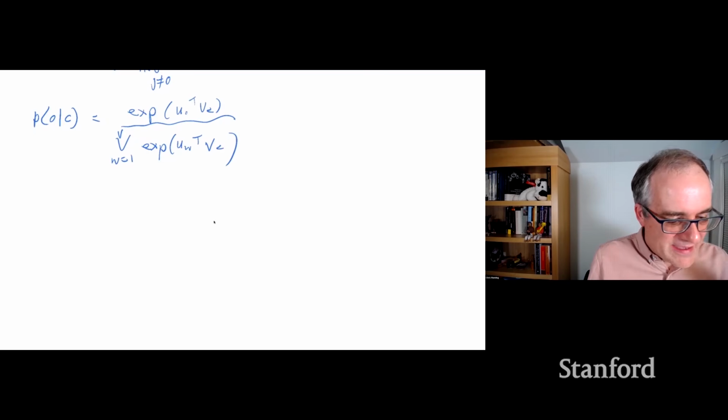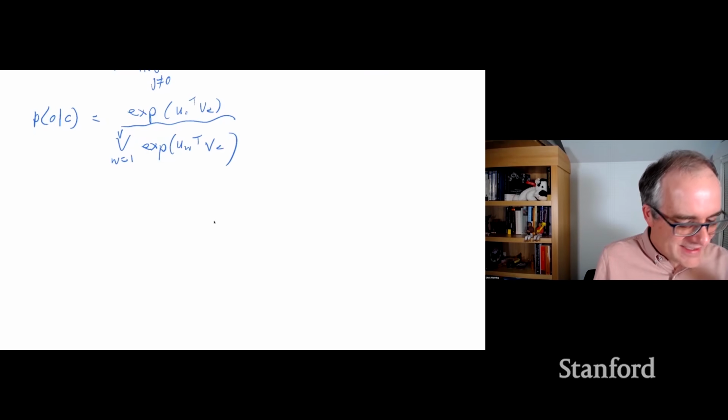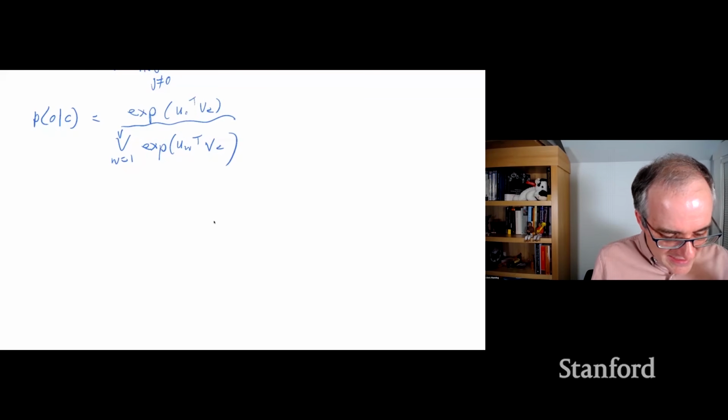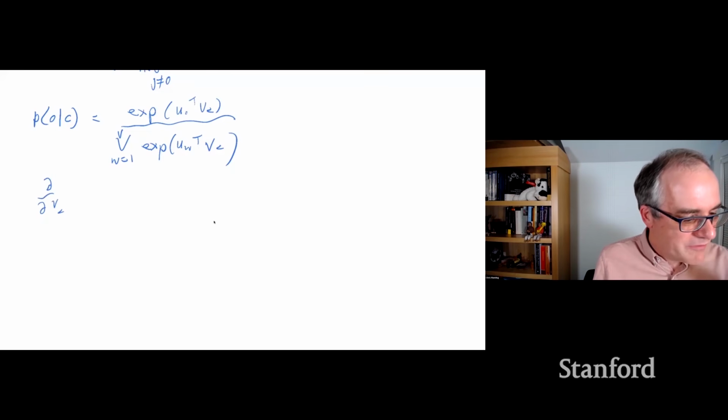And so we have the center word vectors and the outside word vectors. So here, I'm just going to do the center word vectors. But on a future homework, assignment 2, the outside word vectors will show up and they're kind of similar.